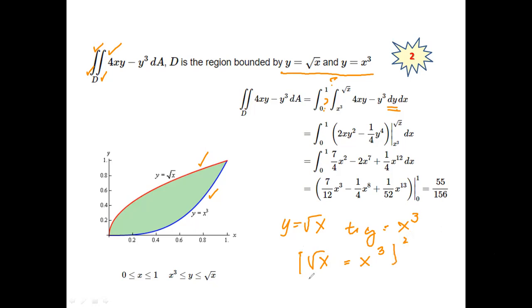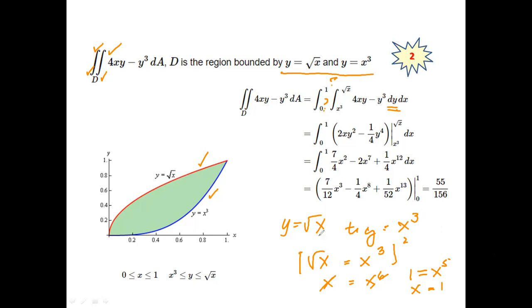So we square and you will have x equal to x raised to 6. If you cancel this, you have 1 is equal to x to the 5th. Then x is equal to the 5th root of 1. That's 1.